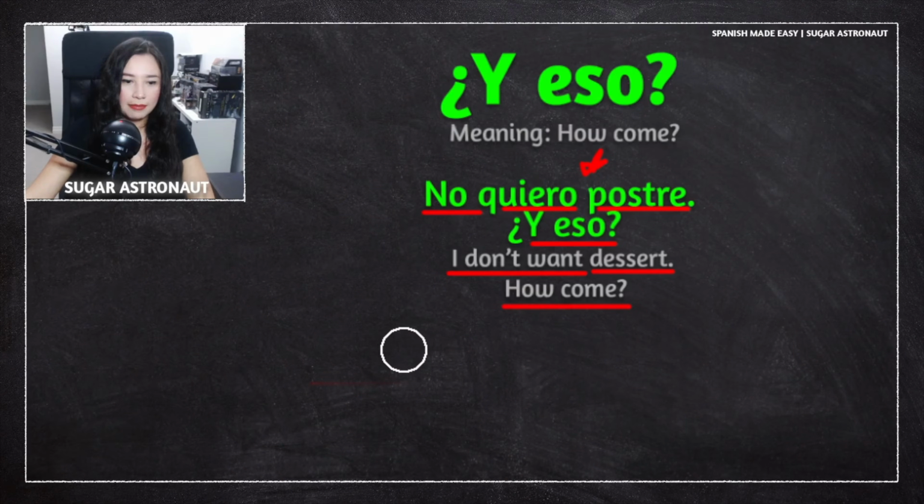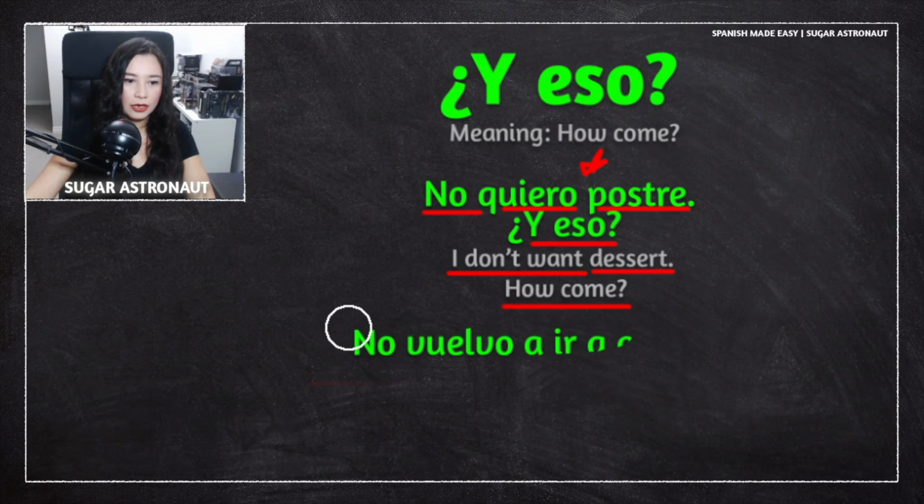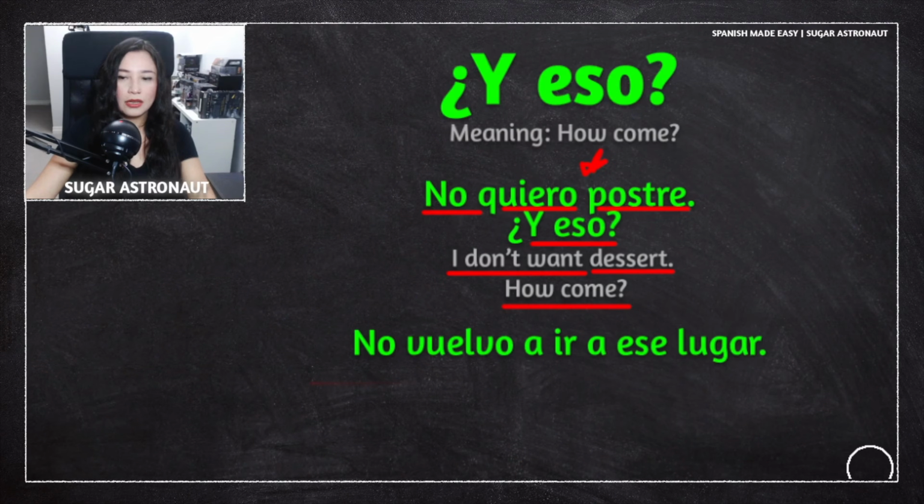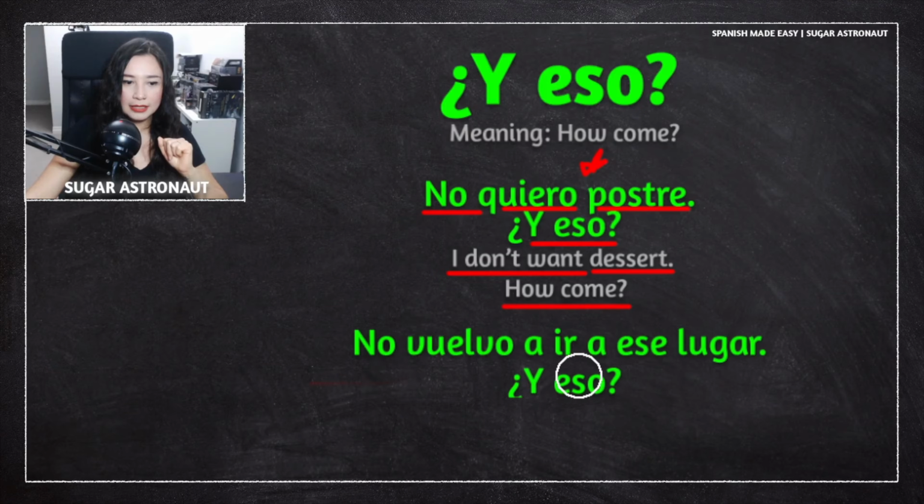The next example is, no vuelvo a ir a ese lugar. No vuelvo a ir a ese lugar. Someone can ask, ¿y eso? Okay? Usually, ¿y eso? is used when someone doesn't want to do something.